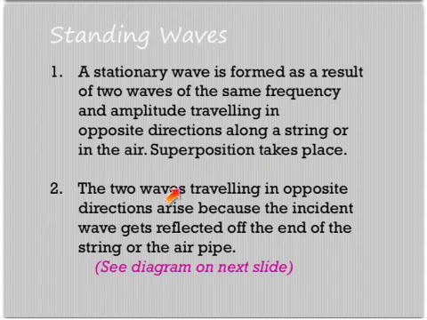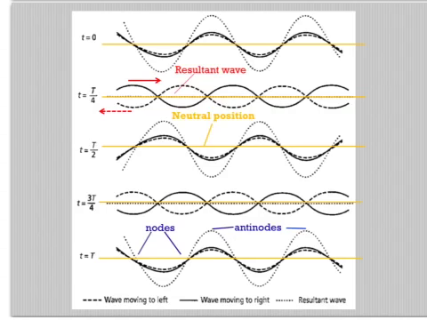The two waves traveling in opposite directions arise because the incident wave gets reflected off the end of the string or the air pipe. Here is a detailed analysis of how two waves superpose to become a stationary wave.